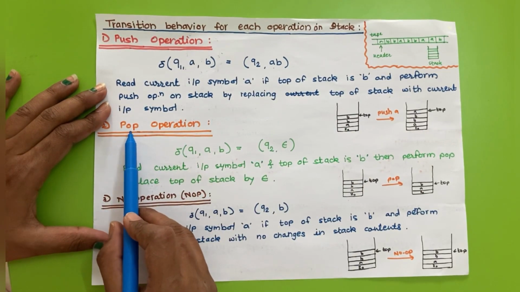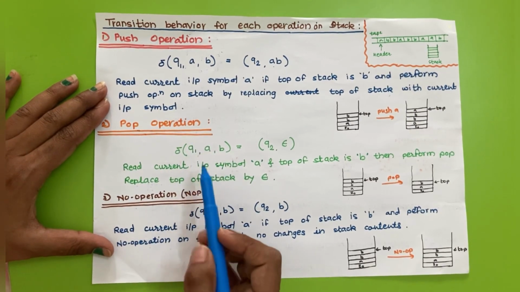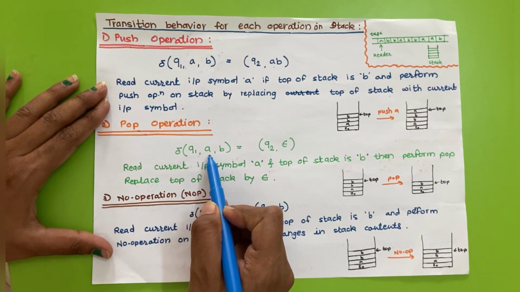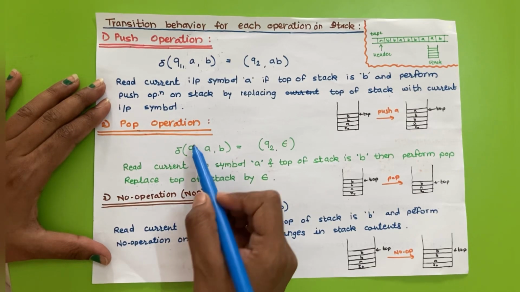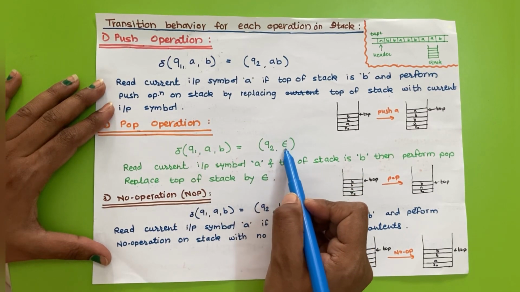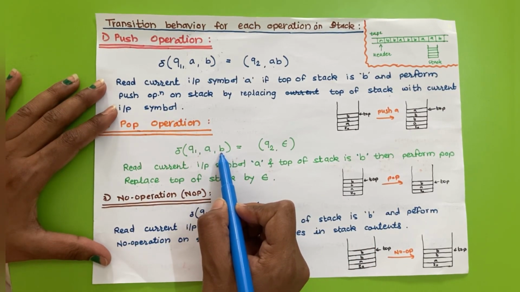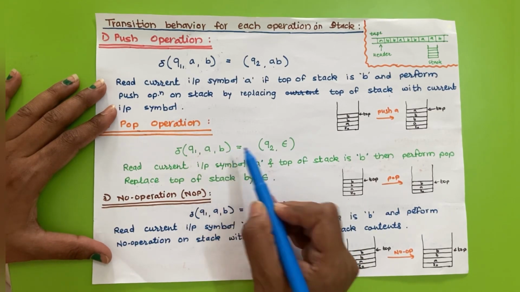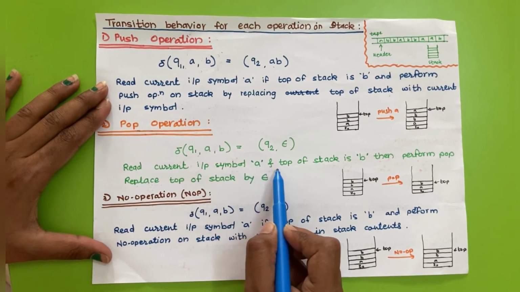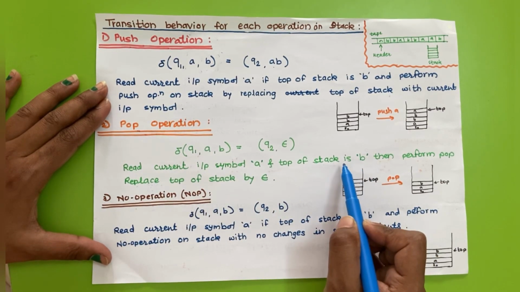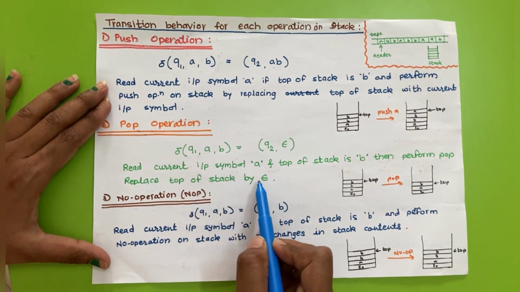Now we will see how we can represent pop operation in case of PDA. Suppose you are in state q1 and you are reading current input symbol a. At that time suppose top of the stack is b, then you are moving to state q1 and the current top will be replaced by empty. Here the current top was b, so that will get replaced by empty, which means this b will be popped out from the stack. So read current input symbol a and the top of stack is b before the operation. Then if we wish to perform pop operation, this b will get replaced with empty.